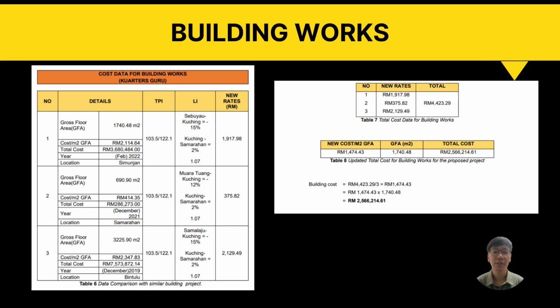Calculating the cost per square meter of GFA of the analyzed building with the proposed building yields the building works estimate. We have the cost per square meter of GFA of the building work items from the previously examined building. Before utilizing indices, the cost per square meter of GFA components are modified to update the historical cost, also known as the cost of the examined building, to the anticipated future expense.